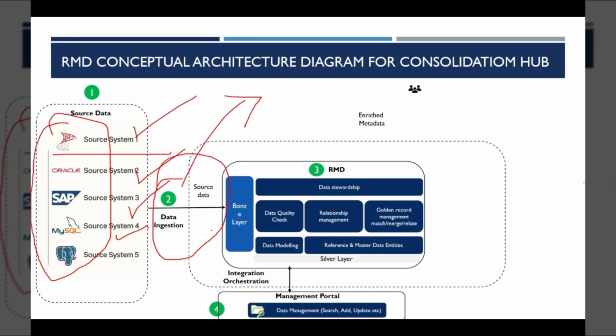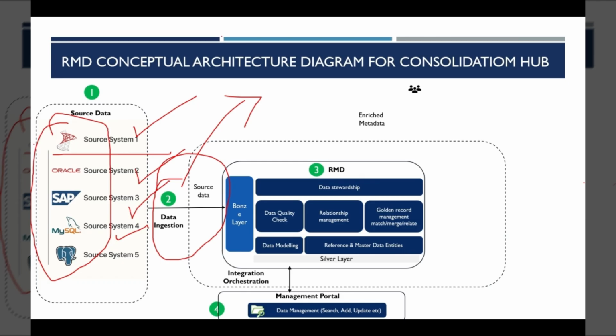Then, once you have the data brought into your landing zone, you need to execute MDM process activities, especially the data quality check. Then you have the relationship management. Then you have the golden record management: match, merge, relate.